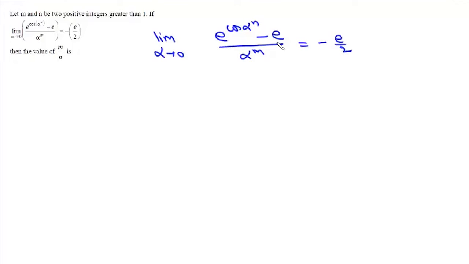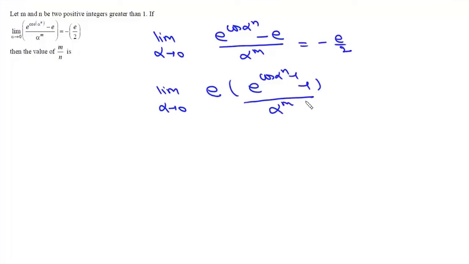Now what we'll do is we'll take this e common, so we'll write this as limit alpha tends to 0, e into e to the power cos alpha to the power n minus 1, upon alpha to the power m.